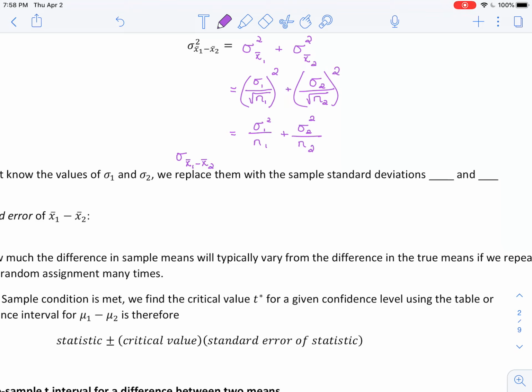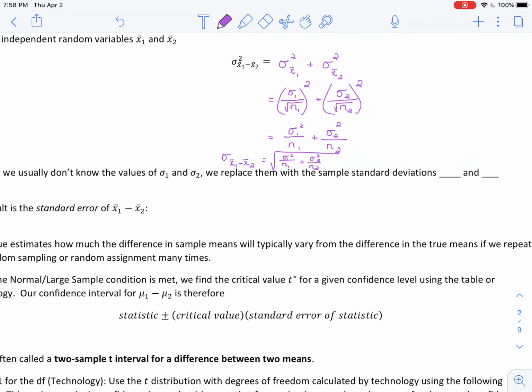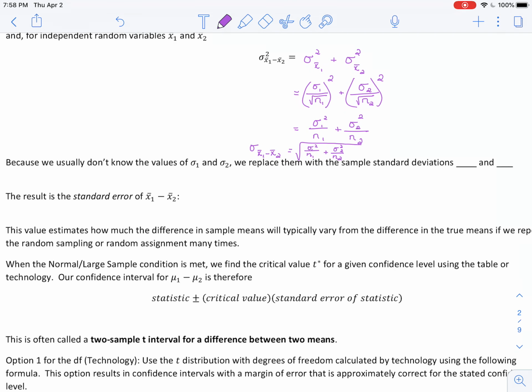So when we want the standard deviation of the sampling distribution of the difference of our sample means, then it's going to be the square root of all that jazz. I forgot the one again. And there we go. It's an unpleasant formula, but it is what it is.